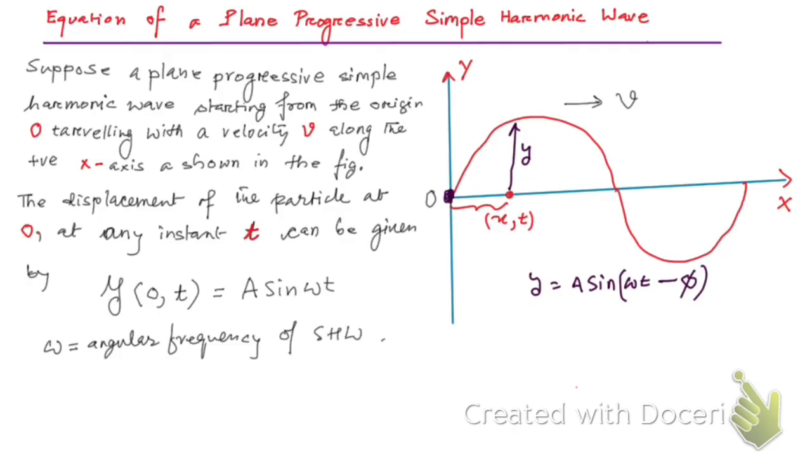So now you see, let me consider that the particle at this point is supposed P. This particle I am talking about, you can see at x comma t.